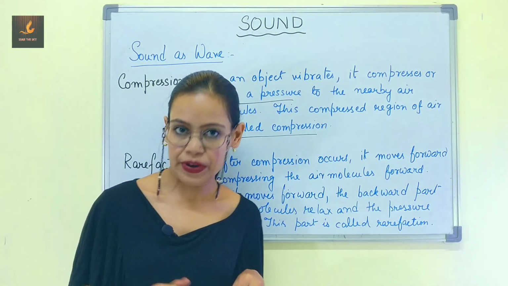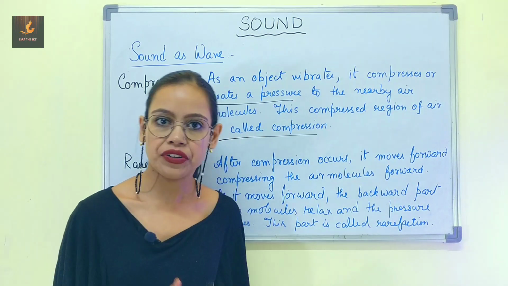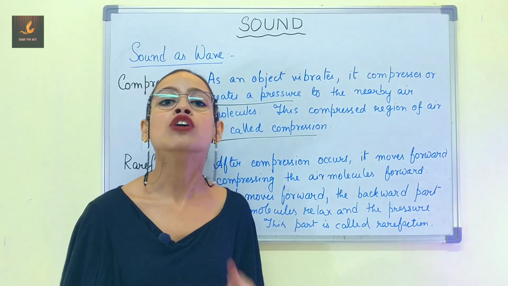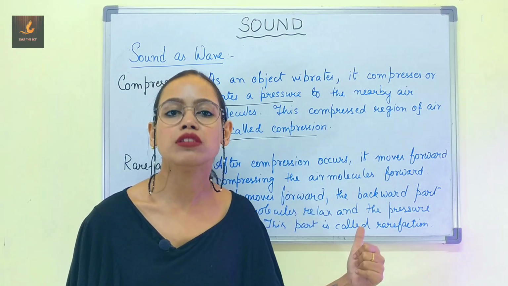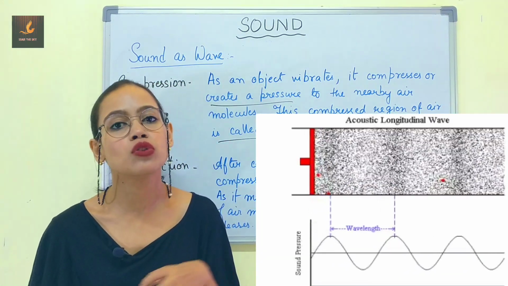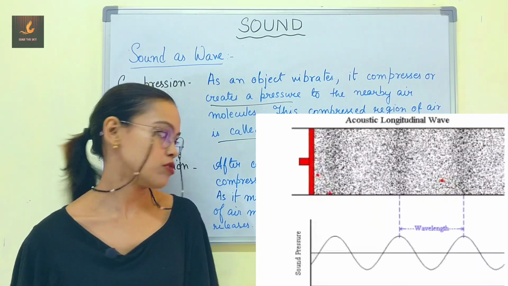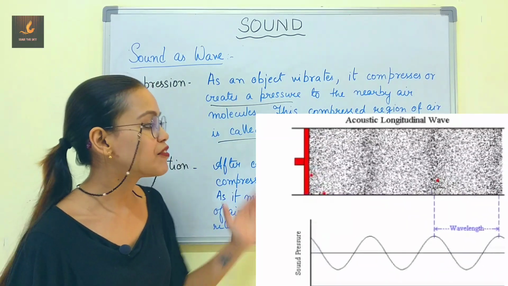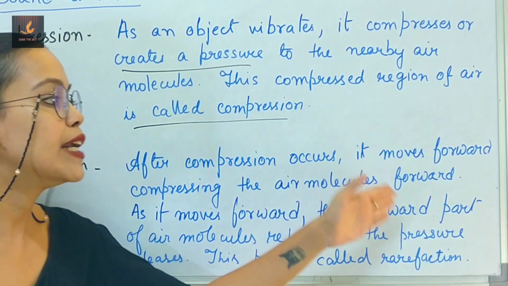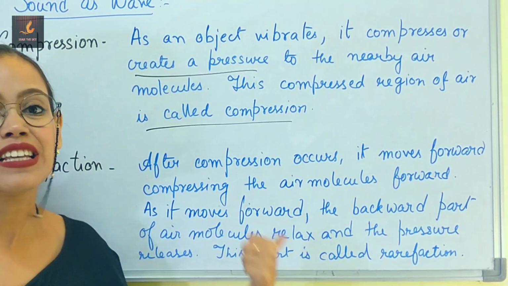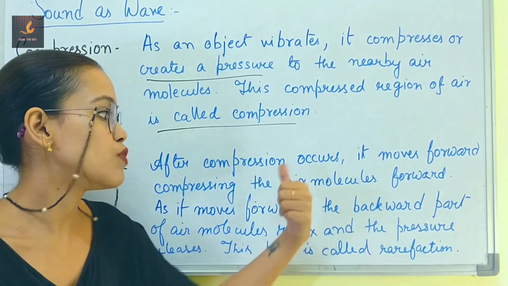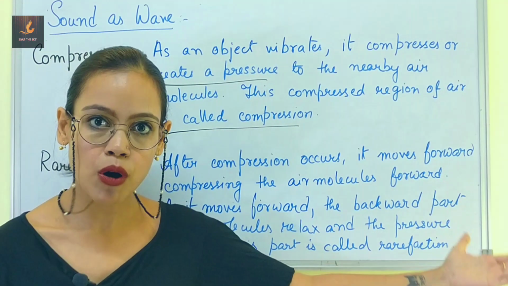Then these compressed air molecules transfer and push the energy forward towards other molecules, and the backward region slowly relaxes. This part is called rarefaction. So what is rarefaction? After compression occurs, it moves forward, compressing the air molecules located in the forward direction.